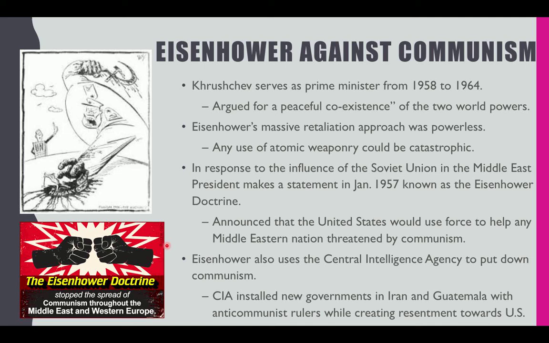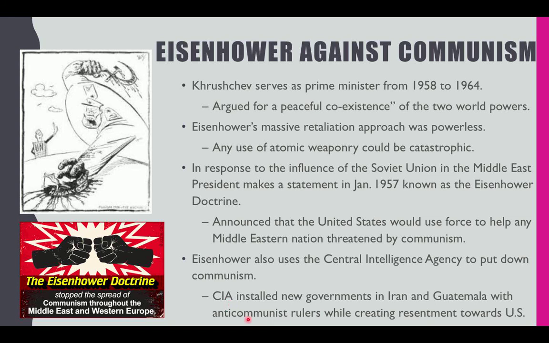To follow through with that promise, Eisenhower is going to create and use the Central Intelligence Agency, or the CIA, to put down communism. In the early years, the CIA is going to install, which means to build, new governments in places like Iran and Guatemala. And what they do is they put in place these anti-communist rulers.